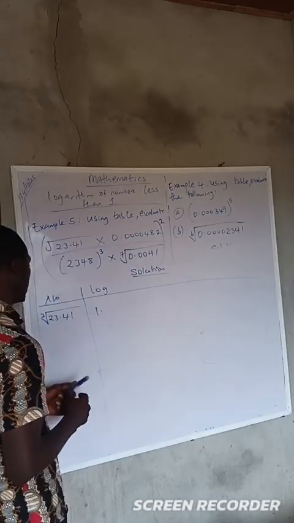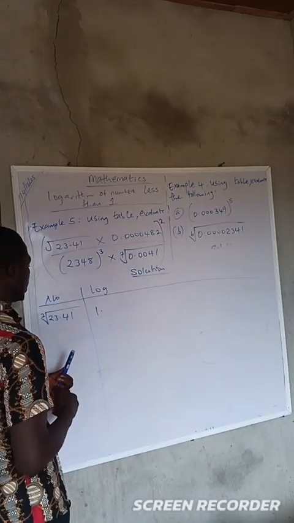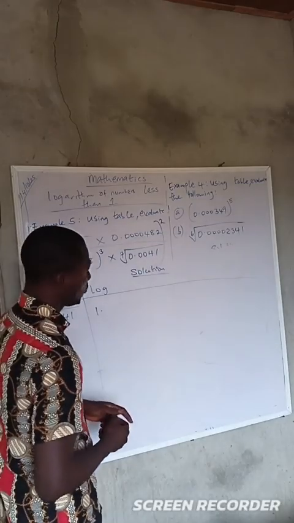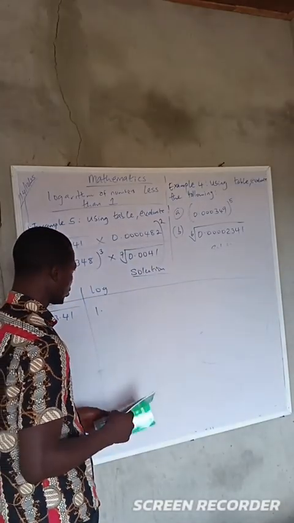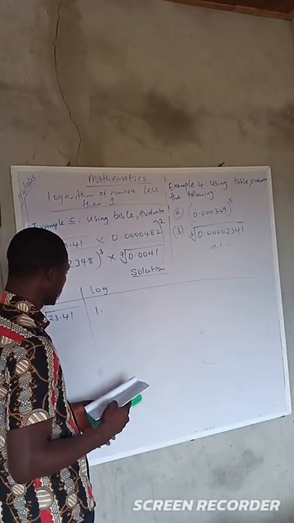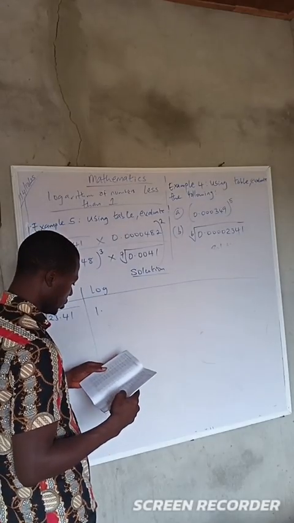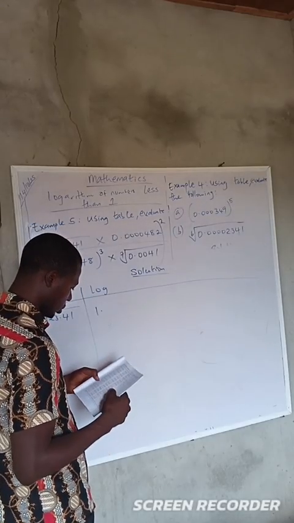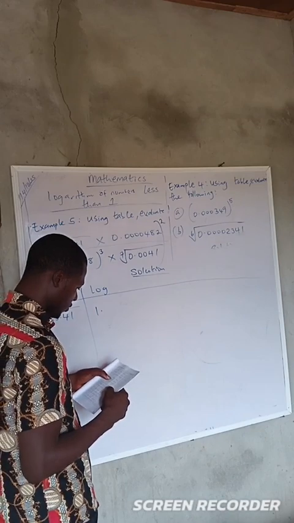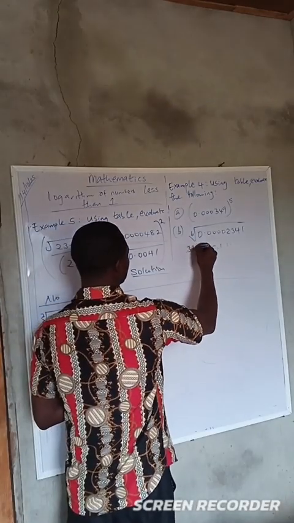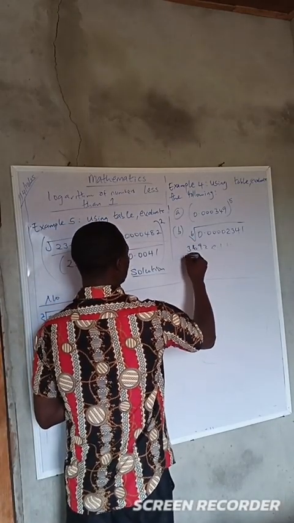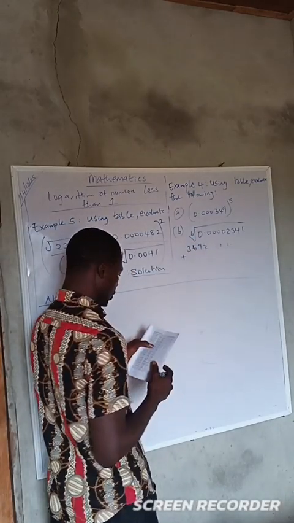Now you check 23 under 4, difference 1, in your logarithm of numbers. 23 under 4 is 3692. 3692 plus the difference.